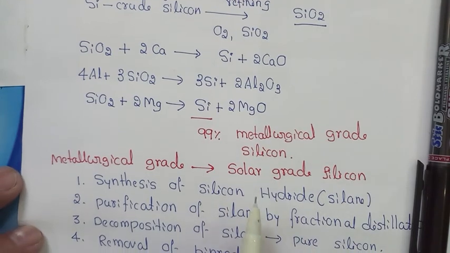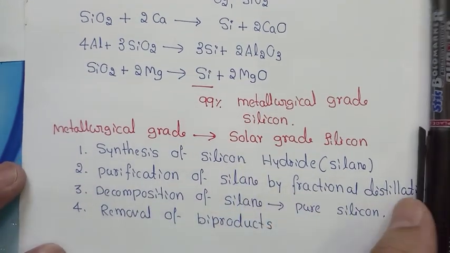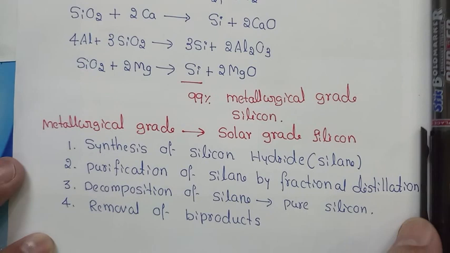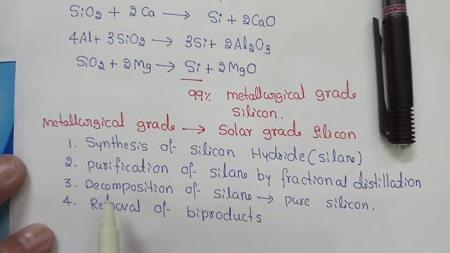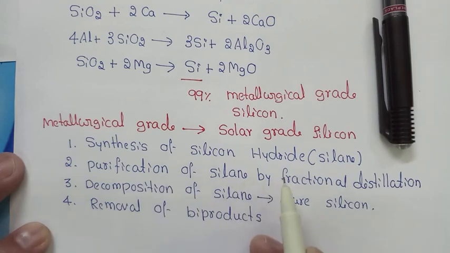The next method involves conversion of this metallurgical grade silicon into solar grade silicon. It involves mainly 4 steps: synthesis of silicon hydride, that is silane, purification of silane by fractional distillation, decomposition, and finally removal of byproducts.